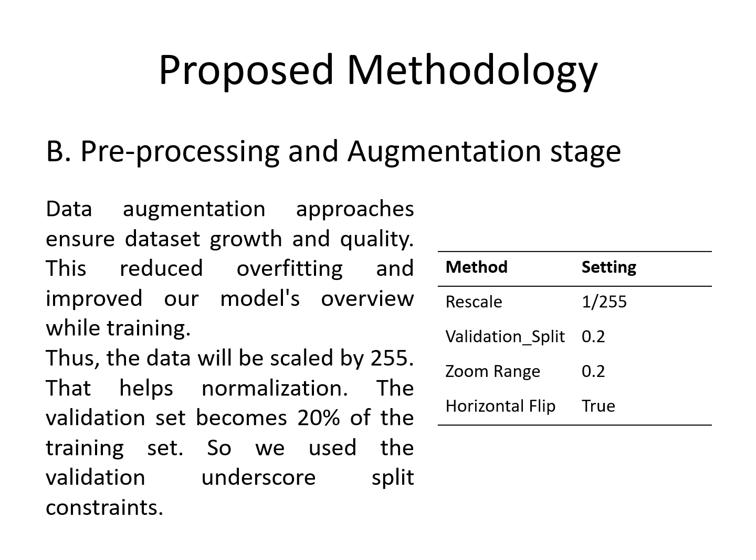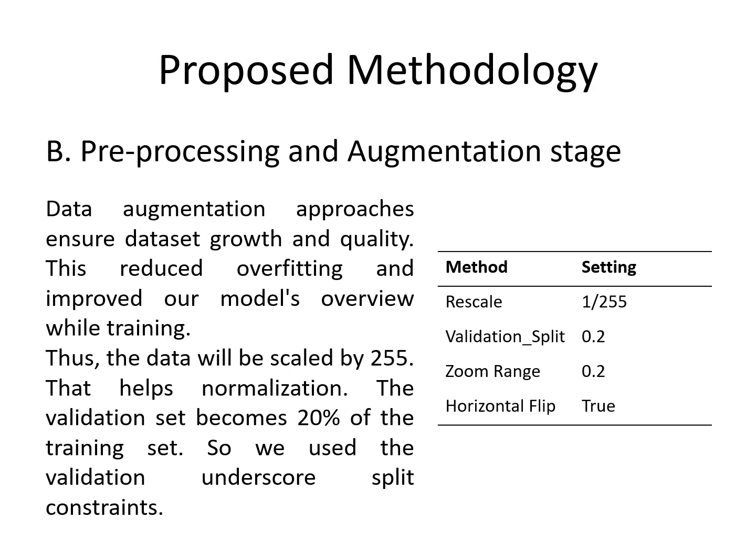Next, we have the pre-processing and augmentation stage. We used a number of data augmentation methods to ensure the growth and quality of the datasets. They assisted in reducing overfitting issues and improving our model's overall performance while training. The combinations implemented for picture augmentation are described in the table.